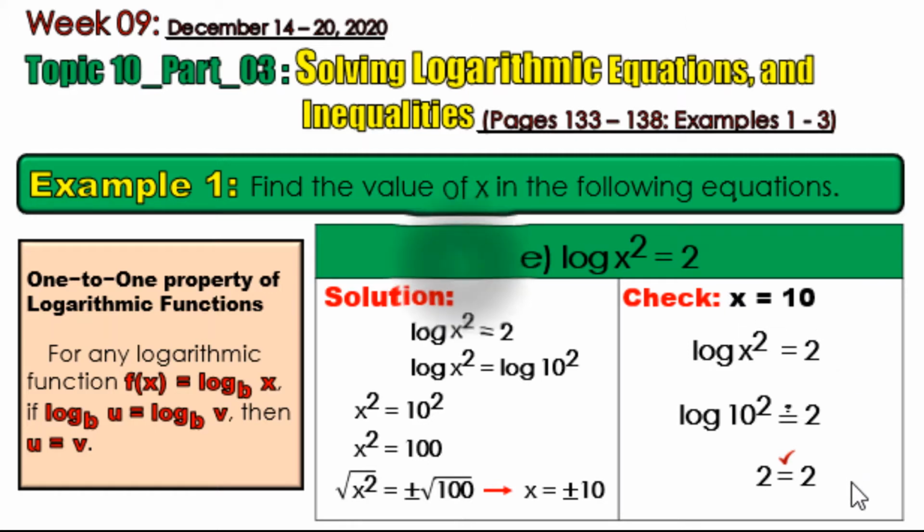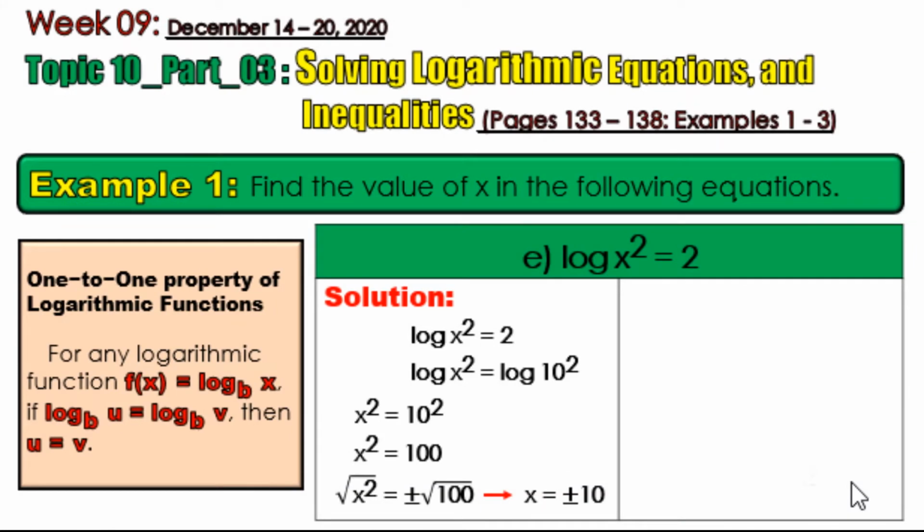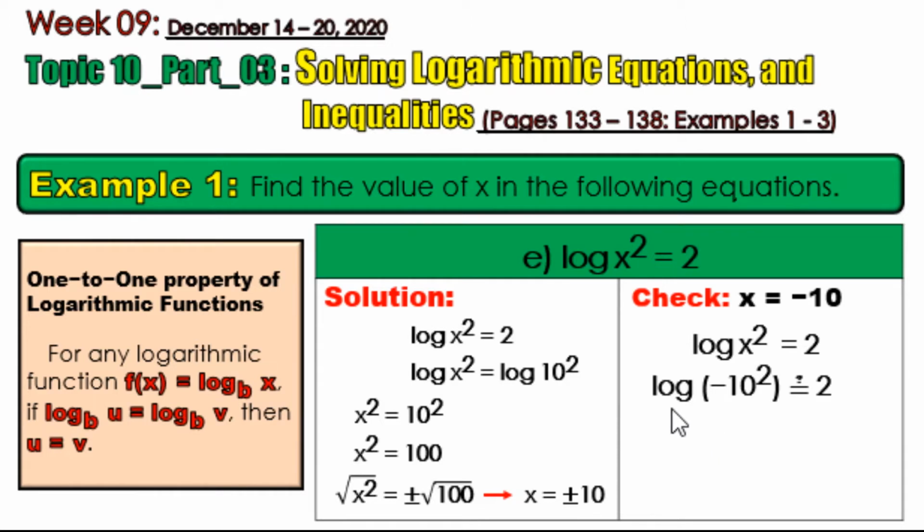Okay, how about if our x is negative 10? Okay, so we will substitute the value of negative 10. So we have logarithm of negative 10 squared, and 10 squared is 100, and we can express 100 as 10 squared. So still the same concept, we must express our argument so that we can have the base of 10, because we all know that the base of our logarithm is 10. So it means to say that we have logarithm of 10 squared to the base 10.